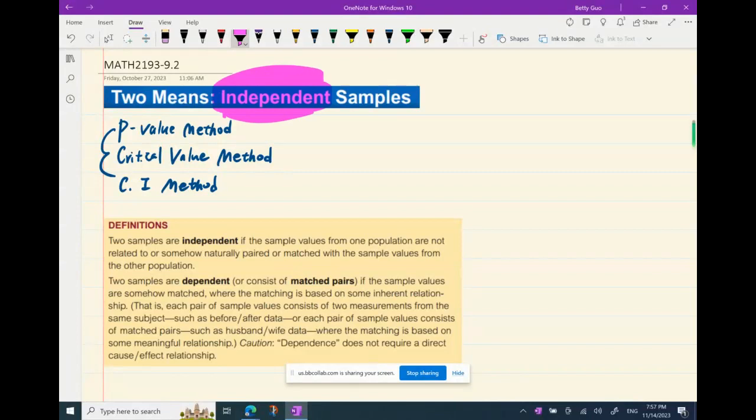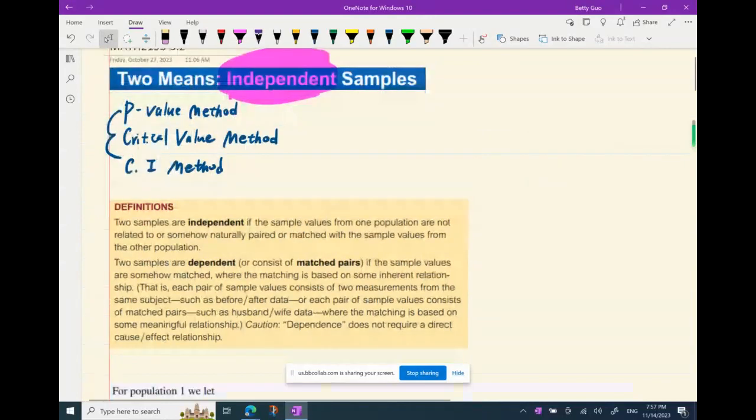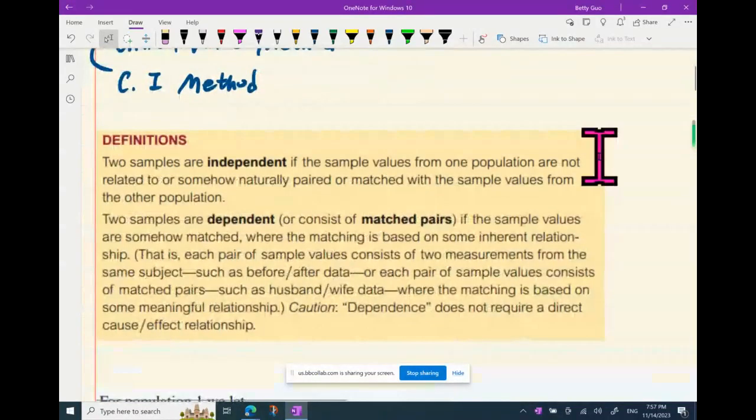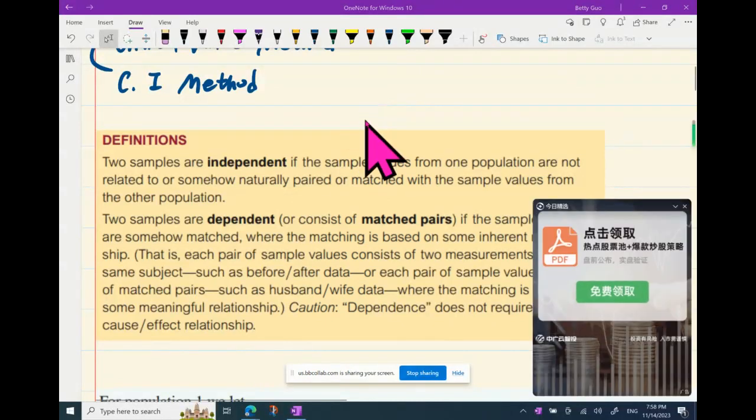So here, independent sample. And we want to know what kind of samples are independent, what kind of samples are dependent, right? Well, let's read the definition here. Two samples are independent if the sample values from one population are not related to or somehow naturally paired or matched with the sample values from the other population. So if the two samples are independent or dependent, depends on the two populations.